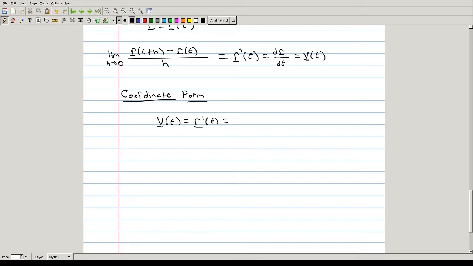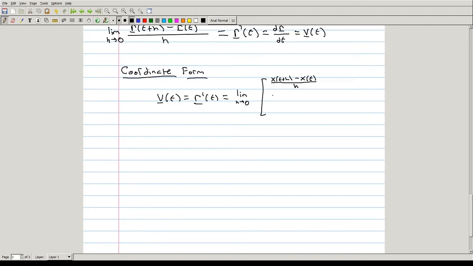We see very quickly that this is the limit as h goes to 0 of the subtraction and division by h of the first component, the second component comes this difference quotient, and the third component becomes the difference quotient with z.